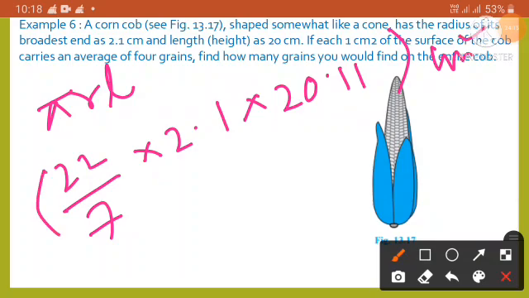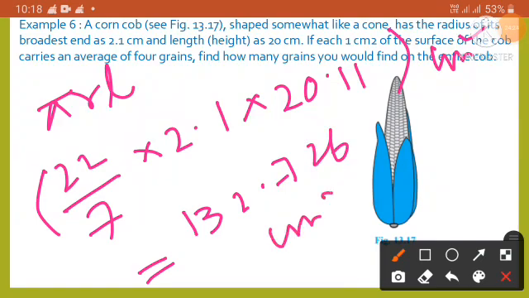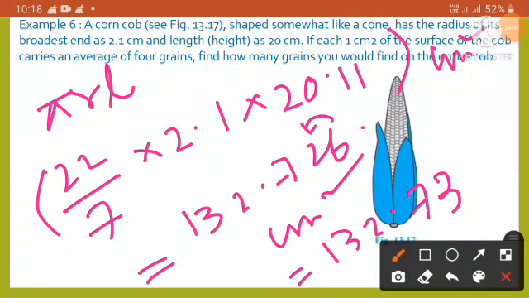Okay, so ultimately we got 132.726 centimeter square. We can approximate it here as 132.73, writing two digits after the decimal.